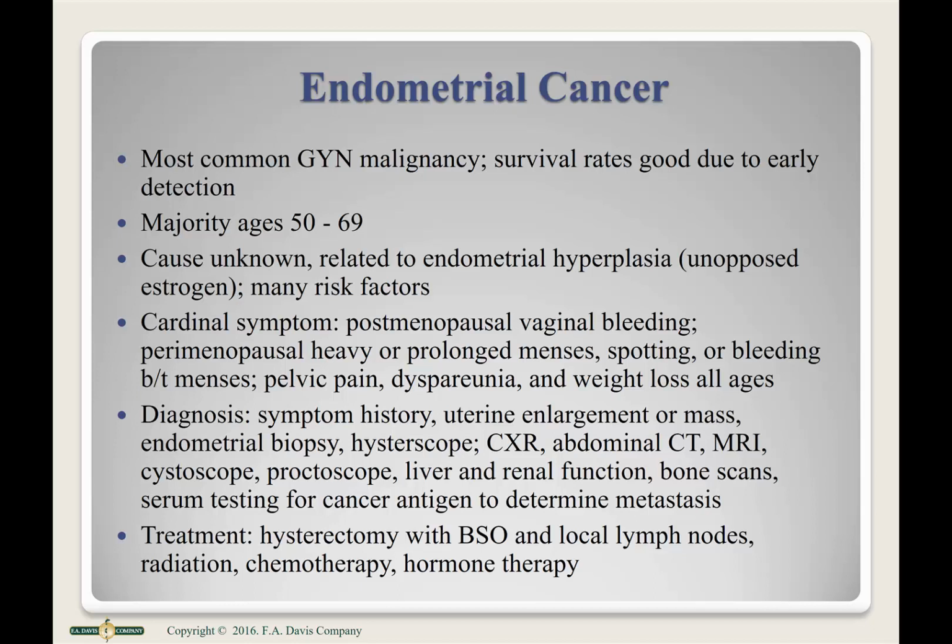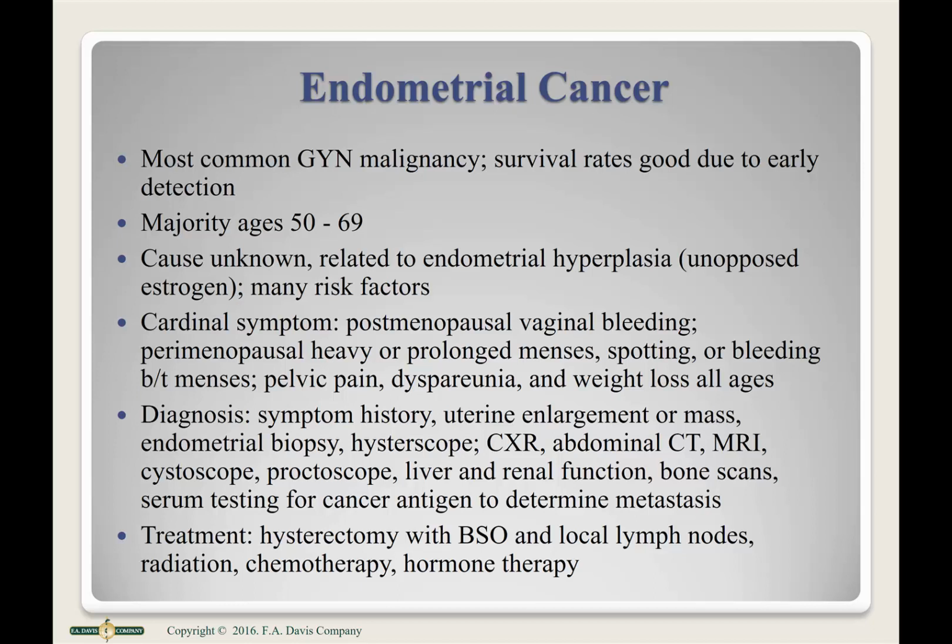Spotting or bleeding between menses is always a concern. Pelvic pain is a concern. Dyspareunia is a concern. And then unexplained weight loss, or unintentional weight loss, is also a concern. So diagnostically, of course, we're going to do a history. We are going to do a manual evaluation of the uterus.